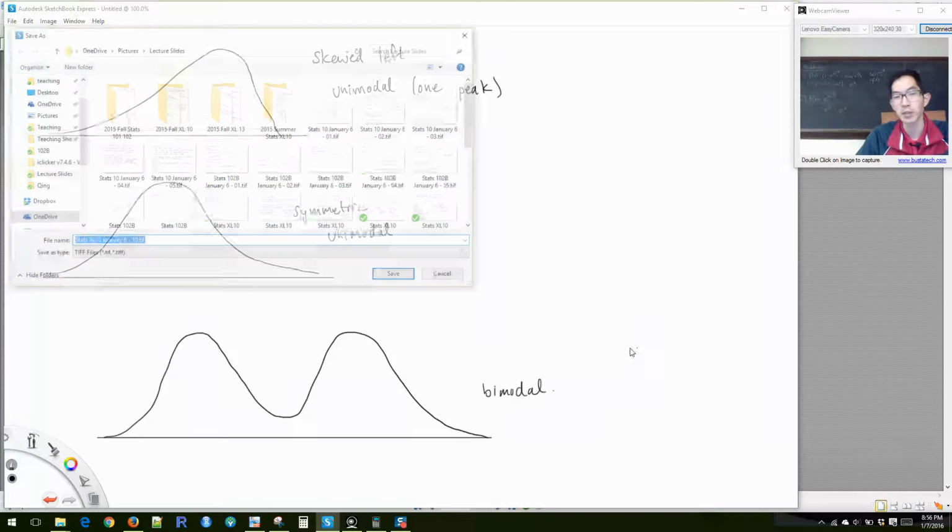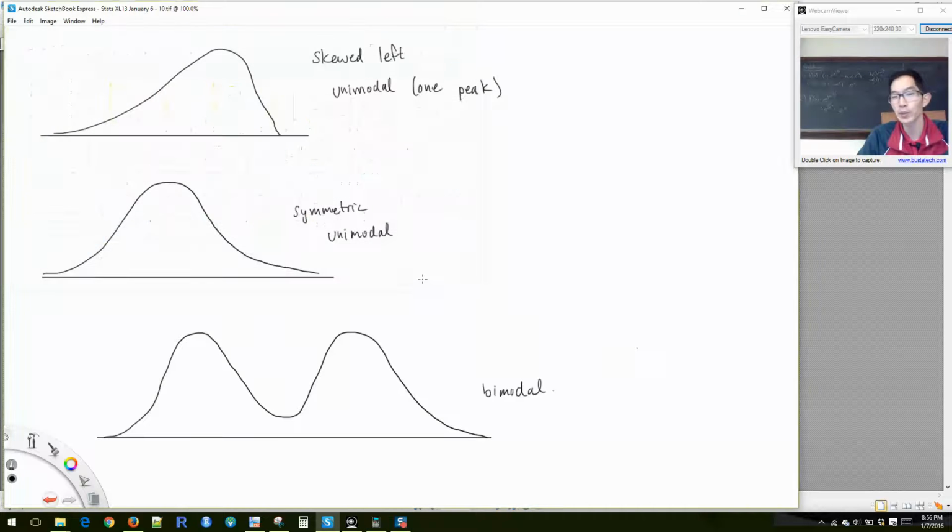Can you think of something that might be bimodal? Remember, these are numeric distributions. So things like gender would not count because those are categorical variables.